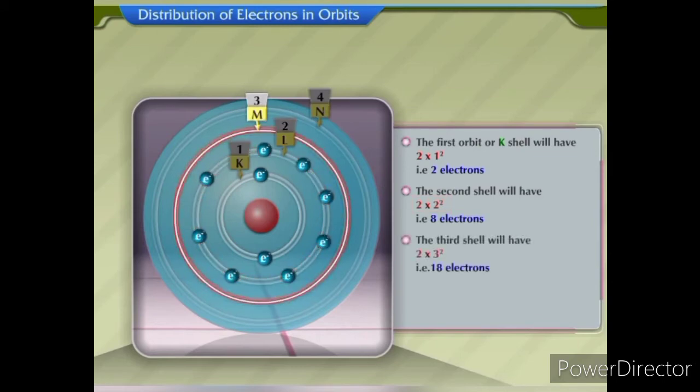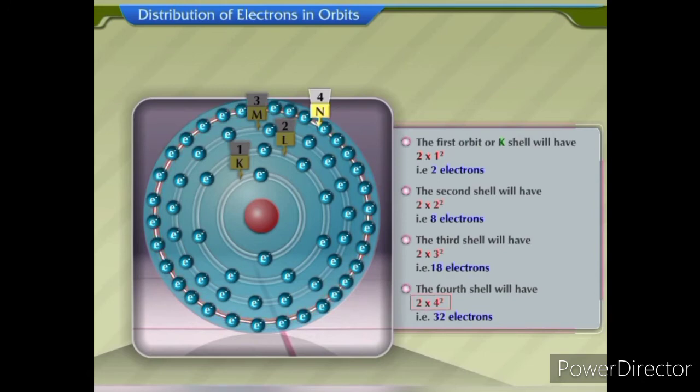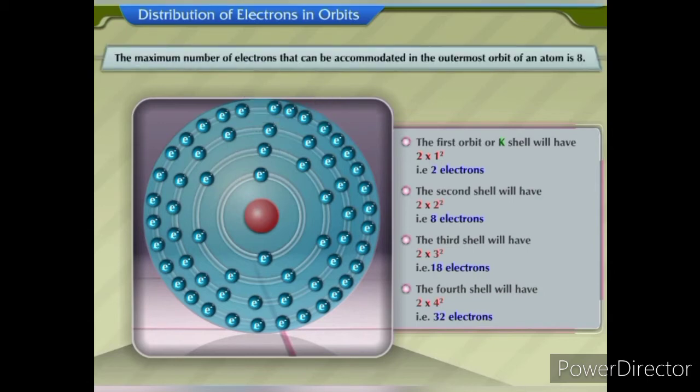The third shell will have 2 multiplied by 3 square, that is 18 electrons, and the fourth shell will have 2 multiplied by 4 square, that is 32 electrons, and so on. The maximum number of electrons that can be accommodated in the outermost orbit is 8.